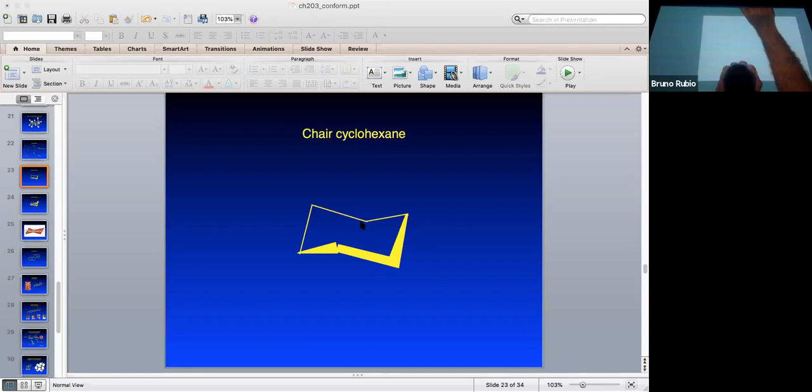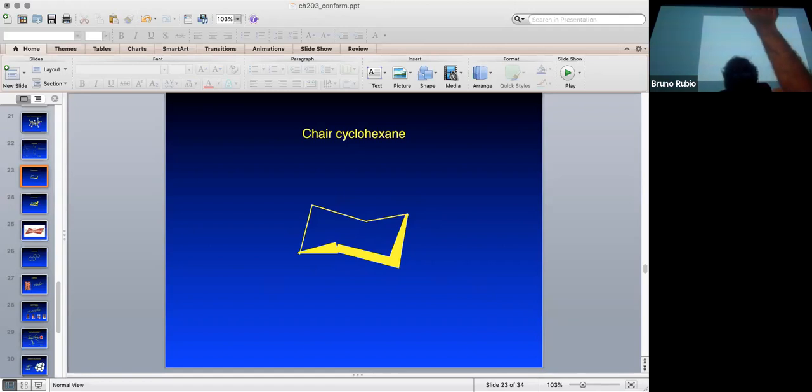Okay. So there's chair cyclohexane. It's called chair cyclohexane, I guess, because this is where you would sit down here. There's the backrest. There's a place to prop up your feet. Chair cyclohexane.